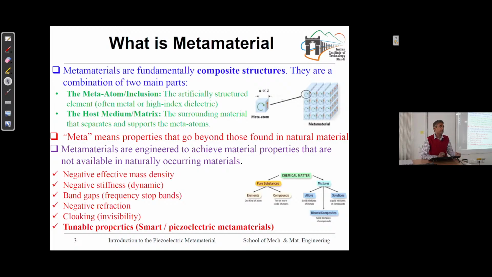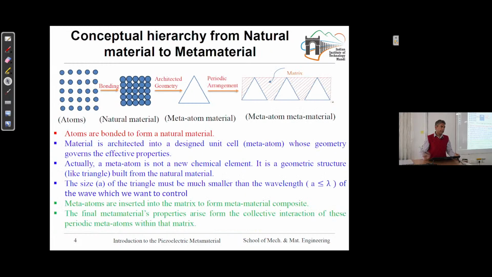If we make a piezoelectric metamaterial, in that case we can control or tune the properties according to our wish. So that is the advantage of piezoelectric metamaterial. These are very highly in demand.